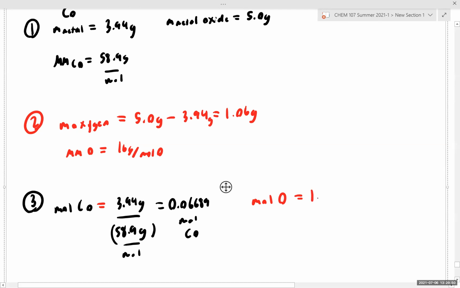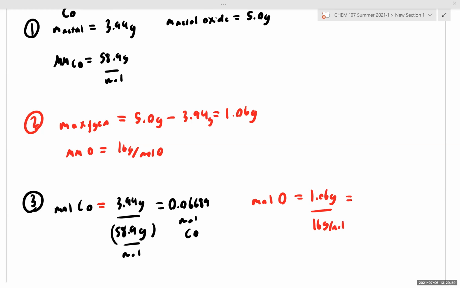Exactly right. We take the mass of oxygen, which is 1.06 grams, over the molar mass, which is 16 gram per mole. We have 1.06 over 16. That gives us 0.06625 moles of oxygen.